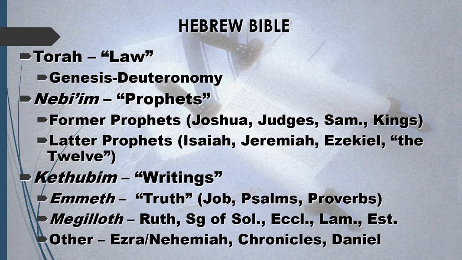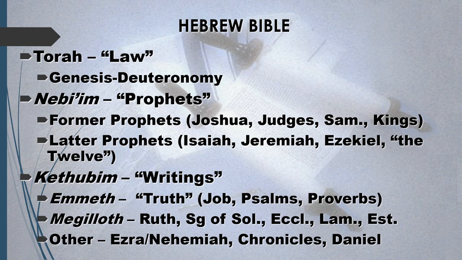are broken down into two sections, the former prophets and the latter prophets. And so you can see that in the former prophets we have Joshua, Judges, 1st and 2nd Samuel, 1st and 2nd Kings. And in the latter prophets we have Isaiah, Jeremiah, Ezekiel. And then you have what is known as the Twelve.